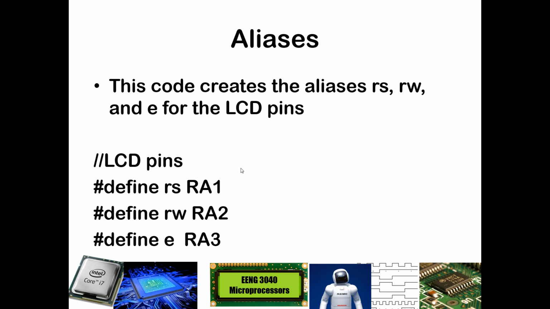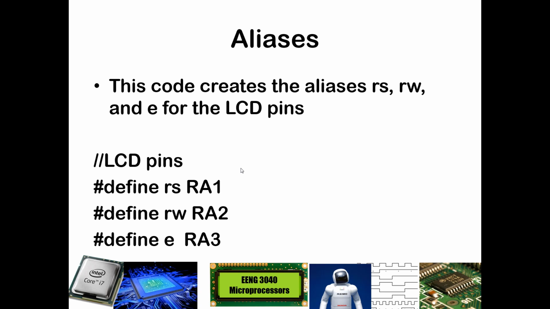So each of those pins and each of the particular bits of your special function registers have a unique pin name. And so you can actually refer to just the pin name and not even worry about what port those are inside. So you can define RS as RA1, just doing these define statements. So that's useful.